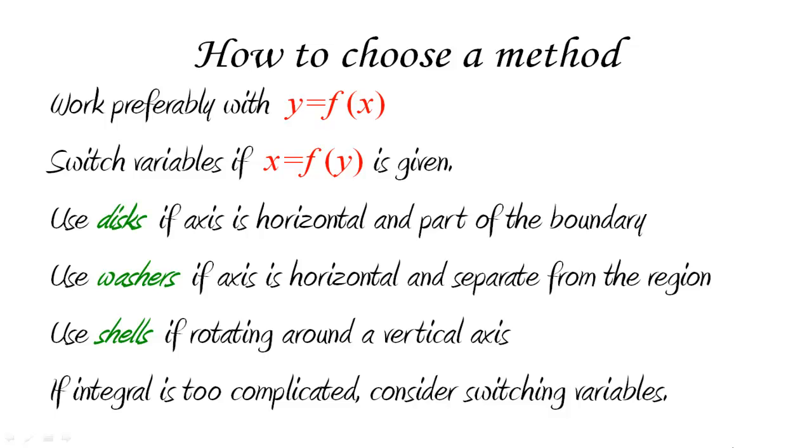So in that situation, it may be worthwhile to try to switch x and y and see what you get by reflecting the region around the diagonal line, and see if you end up with an easier setup for your integral. In some situations, however, this does not help at all, and so you just have to be happy with having set up the integral and maybe just have to wonder how to compute it.